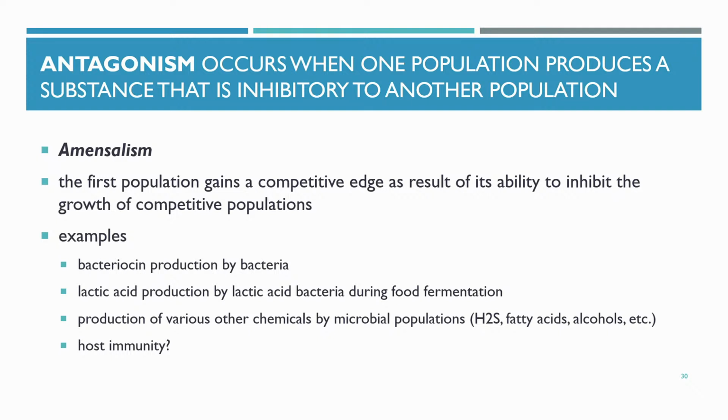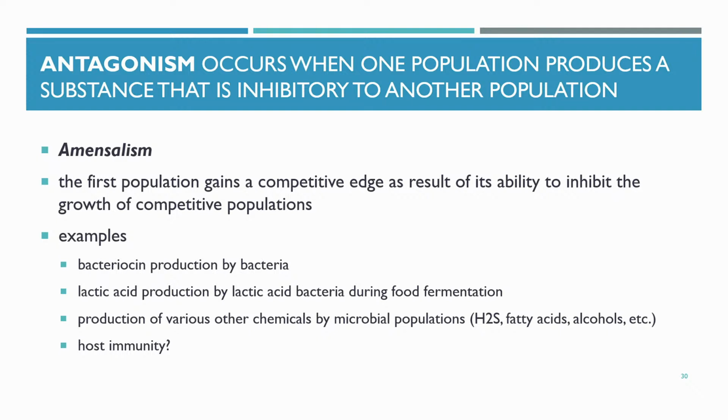Another example is lactic acid production by lactic acid bacteria during food fermentation. That helps keep the food from being spoiled by other bacteria. Lactic acid bacteria produce this lactic acid that can coat certain food during fermentation, and when it does that, it's not allowing other bacteria to colonize.